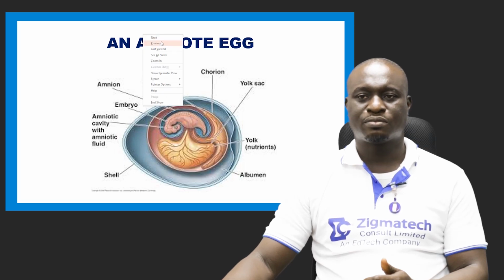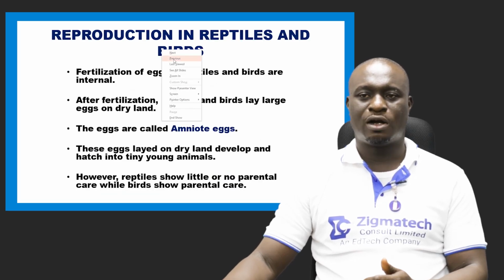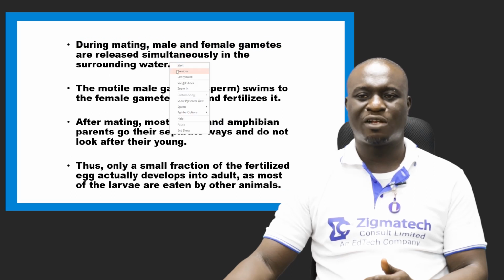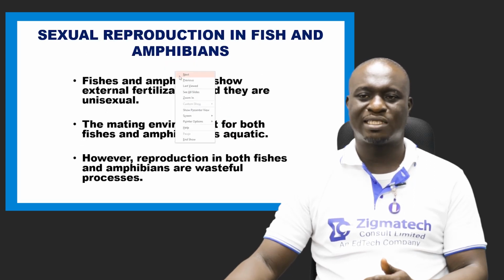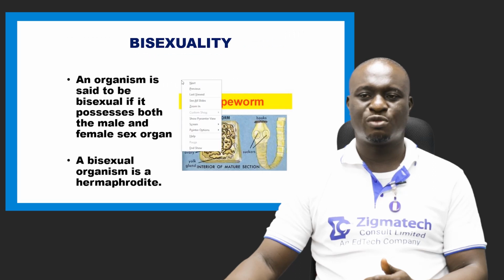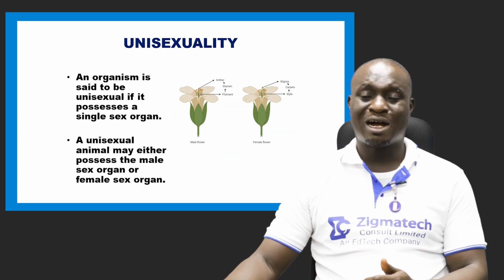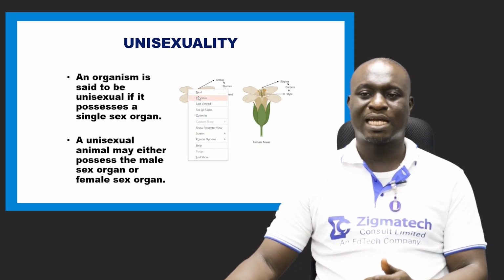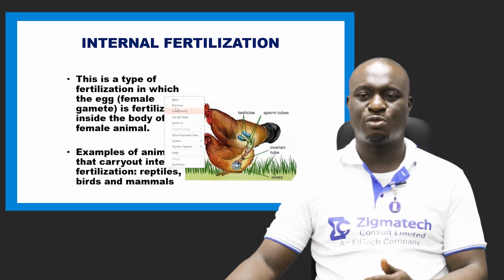We also have what we call artificial vegetative reproduction, which is also found in plants. Plants carry out artificial vegetative reproduction.